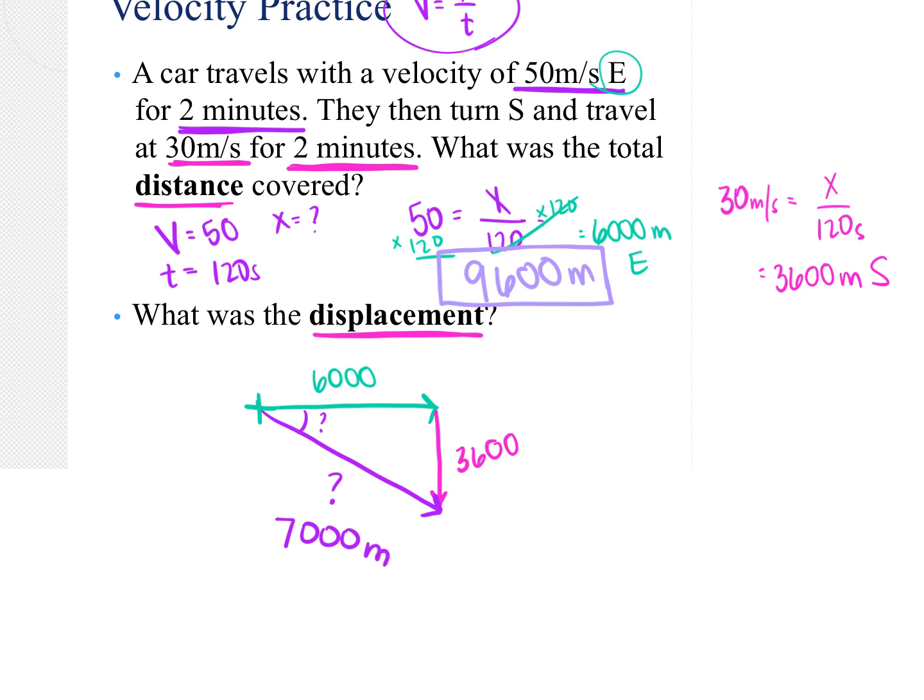I got 6,997, so we can go ahead and take that to about 7,000 meters. And then I'm going to find my angle. So I'll take the inverse tangent of the opposite side, 3,600, divided by the adjacent side. And I get an angle of about 31 degrees.